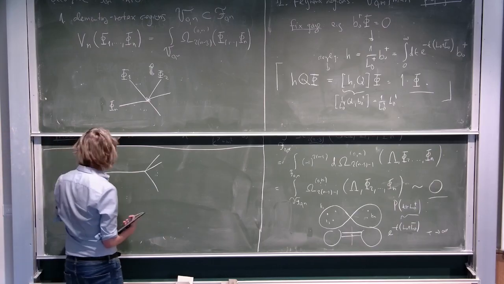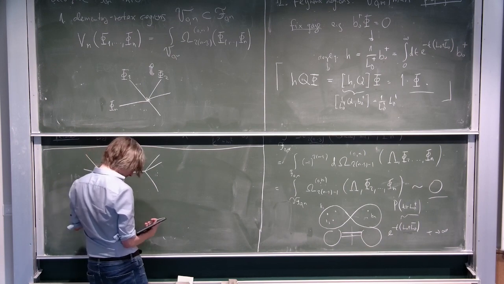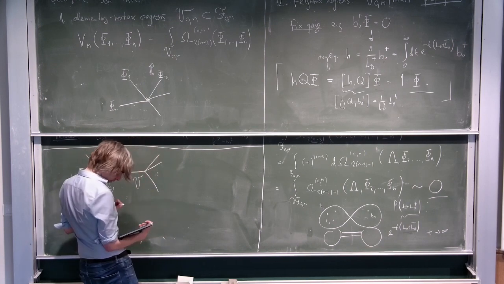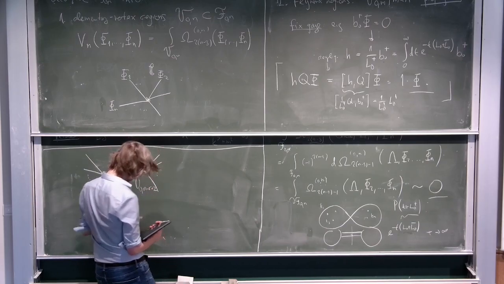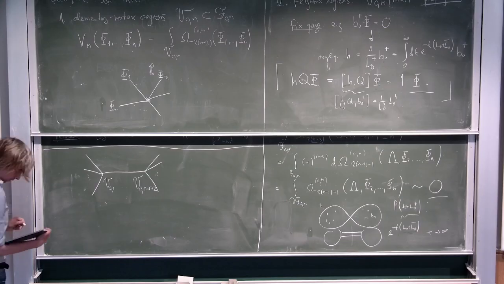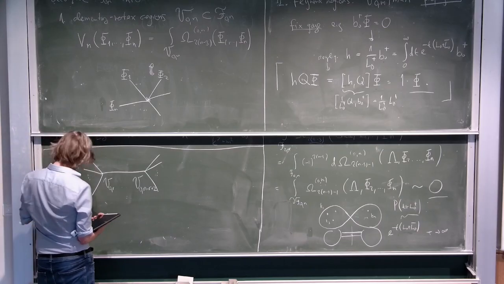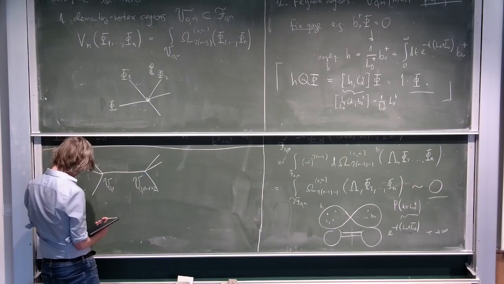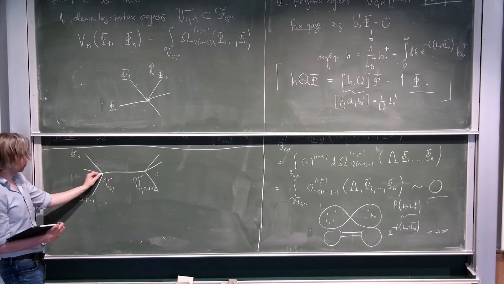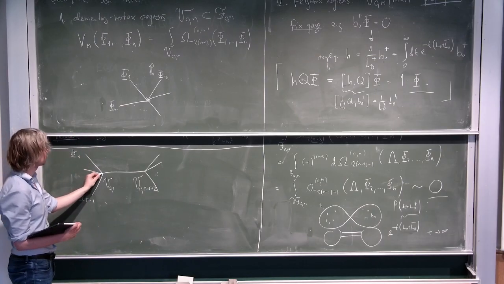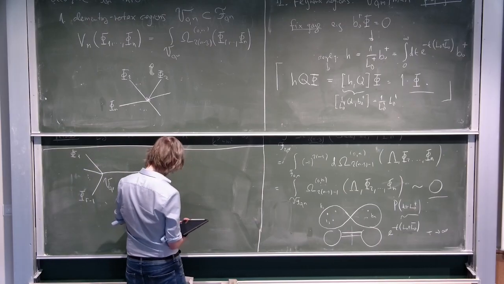So these are some vertices V0r and V0, and then we need n minus r plus 2 in order to get n external punctures in total. So then phi 1 through phi r minus 1, because one of the external states needs to go into the propagator, and then phi r through phi n.